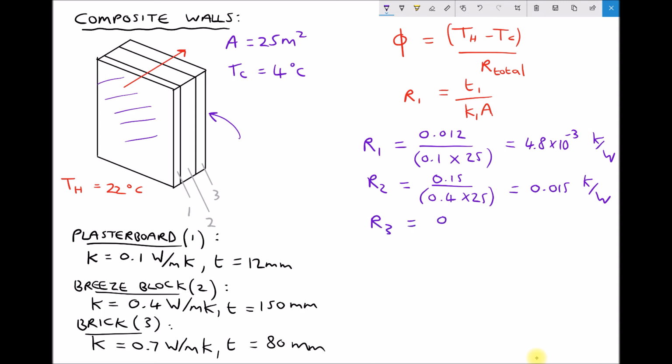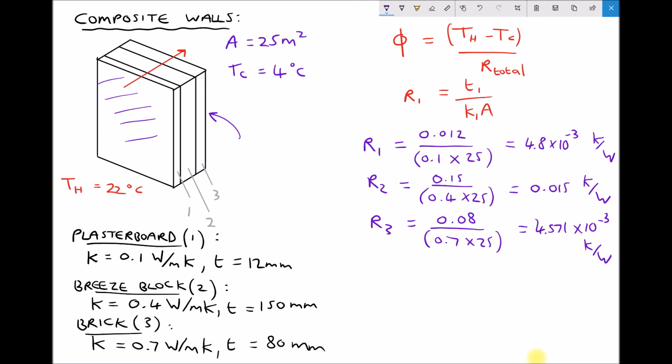The brick has a thickness of 80 millimeters or 0.08 meters. It has a thermal conductivity of 0.7, and once again the area is 25. Now that gives us a thermal resistance equal to 4.571 times 10 to the minus 3 Kelvin per watt.